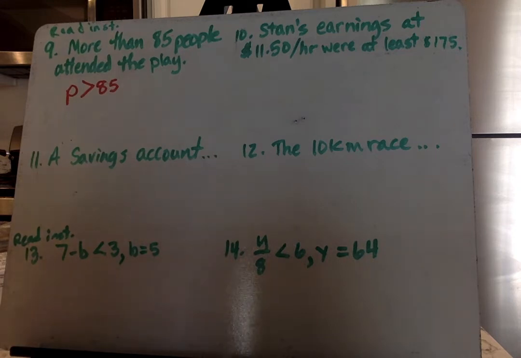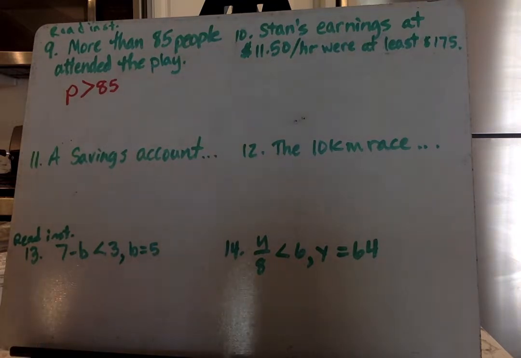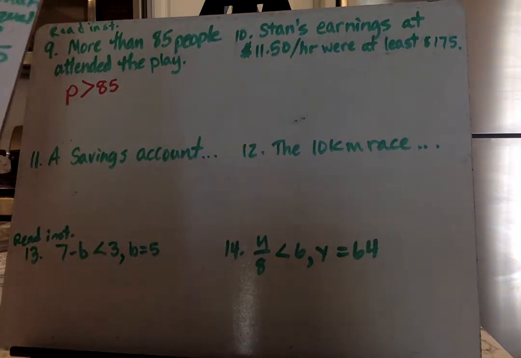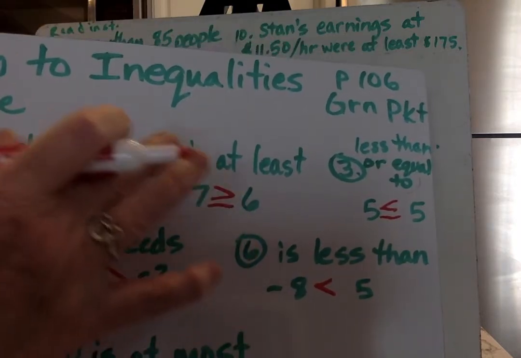Now, Stan's earnings, it gets a little more complicated here. At $11.50 per hour, we're at least, and we can go back to our other page or look at the top and see what at least is. At least, you know you're going to have that sign by going back to number 2 and seeing that.